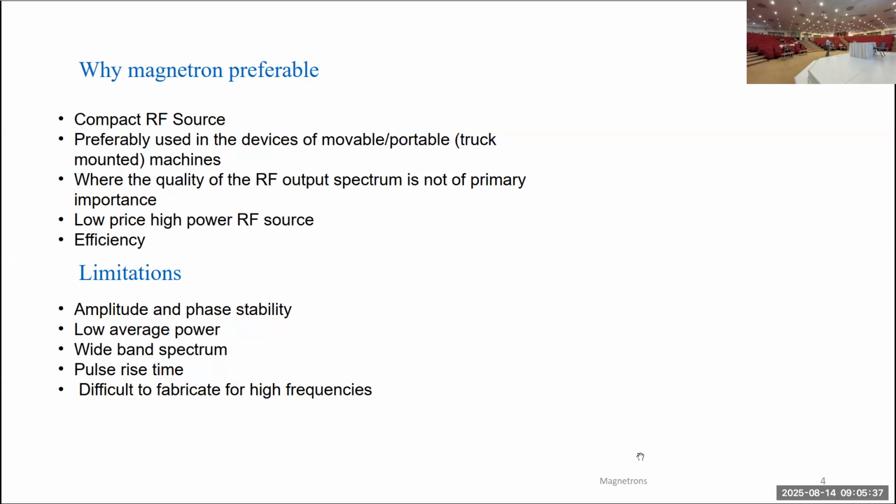You can get magnetrons of up to 7.5 or 10 megawatt, but their average power is very low. And of course, I have already explained, it has a wideband spectrum. Pulse time is a little higher, rise time is higher. And for higher frequencies, it is very difficult to fabricate a magnetron.